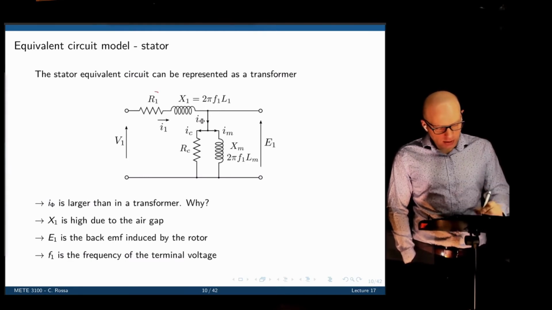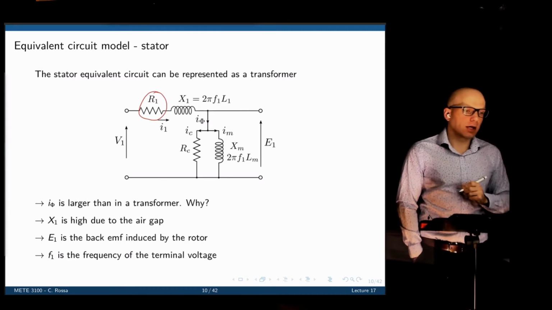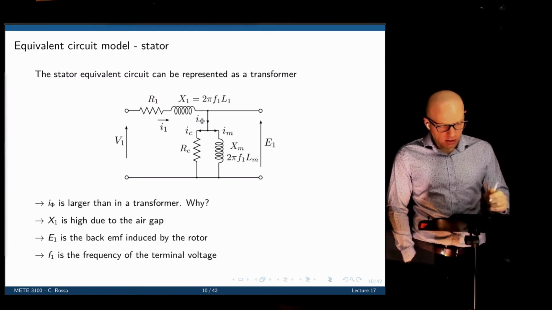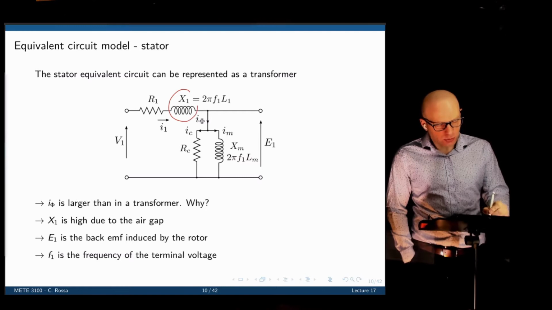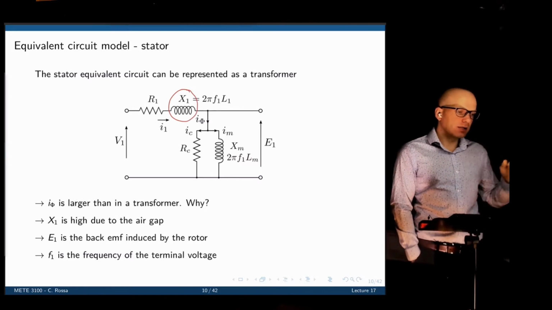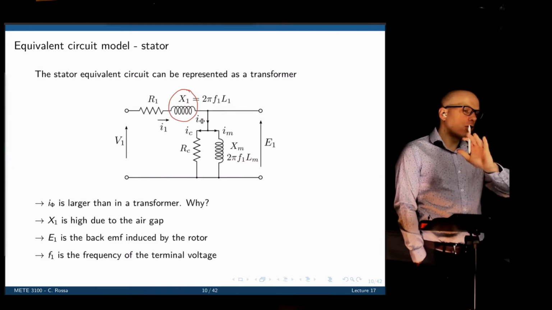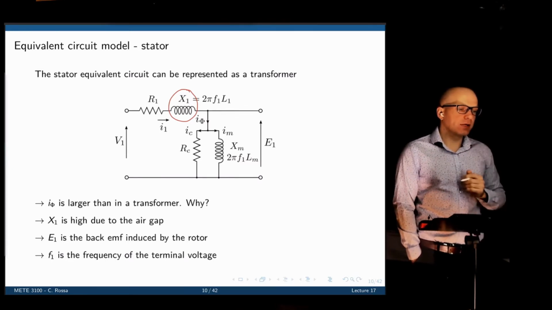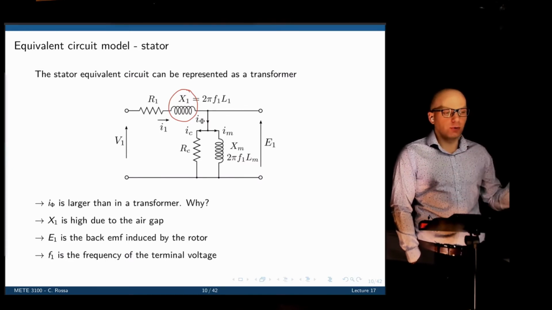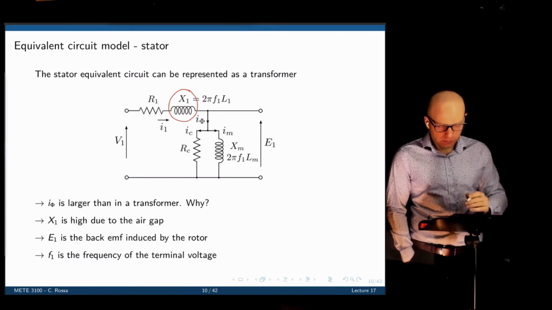We have the winding resistance here represented as R1. We have the leakage inductance, which represents the magnetic flux that doesn't loop in the core. That is, it is not converted effectively into magnetic flux or MMF in the rotor on the other side of the transformer.